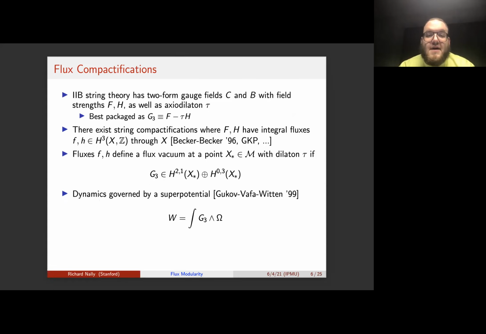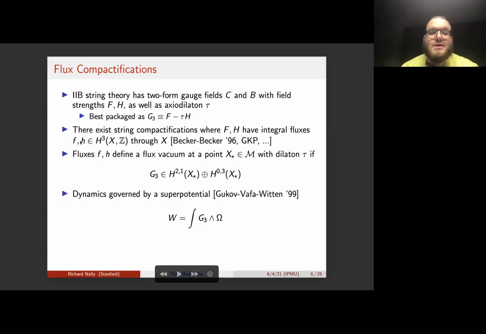Out of F, H, and tau, you define a complexified flux, which is G3, which is just F minus tau H. We're going to be dealing with flux compactifications where F and H have integral fluxes through X. What that means is we just have some elements F and H of integral cohomology of X, and those are the fluxes. You pick them and analyze the dynamics of things subject to these fluxes.